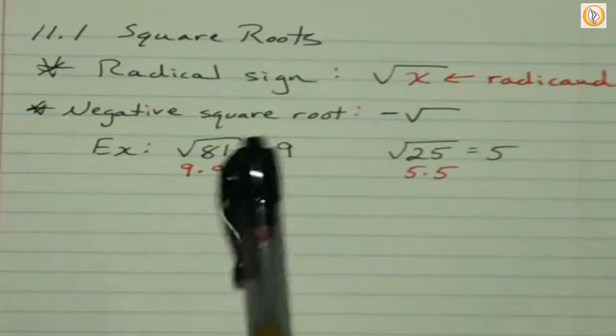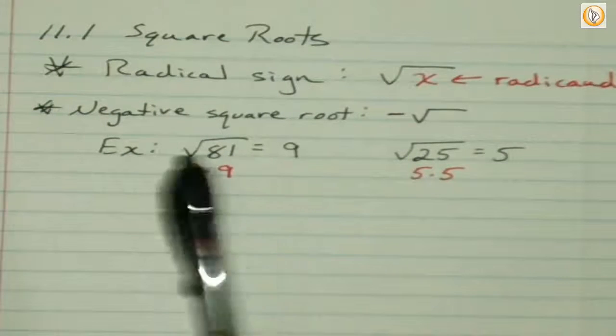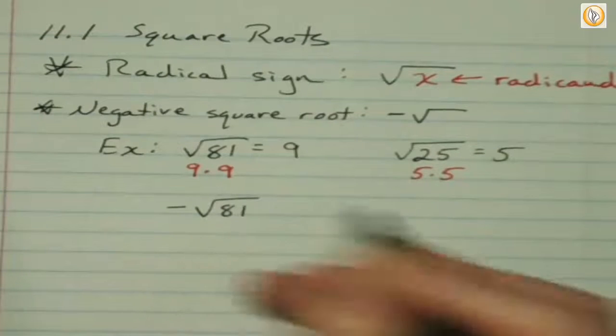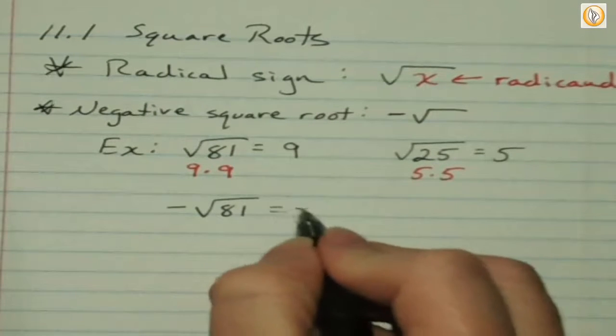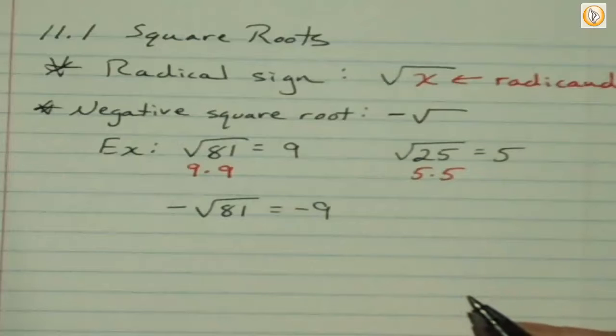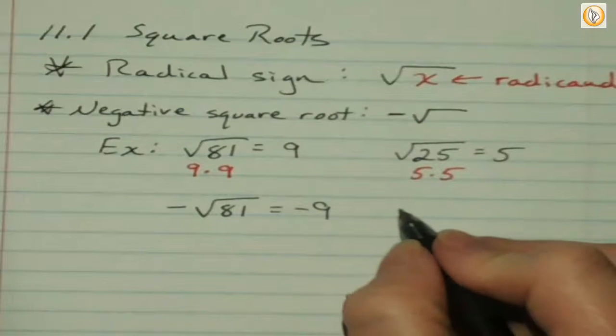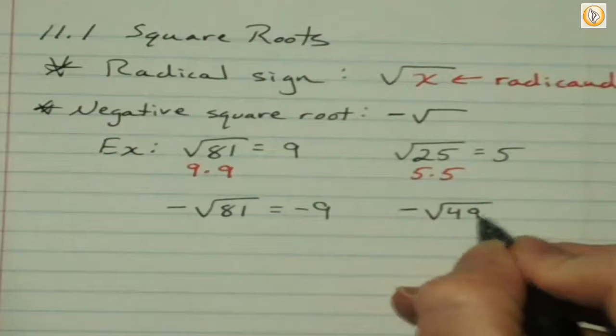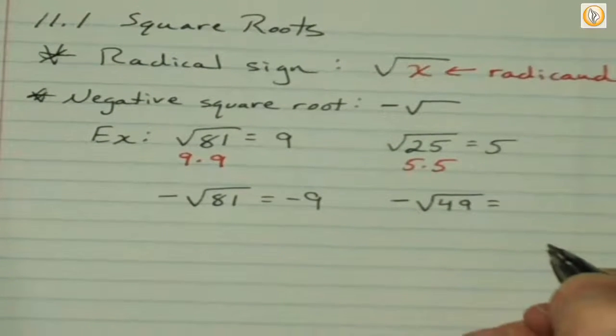Okay, now, negative square root. If I were to do the negative sign outside of that, it would be negative 9. If I had a negative outside of the square root of 49, what would that be? Negative 7.